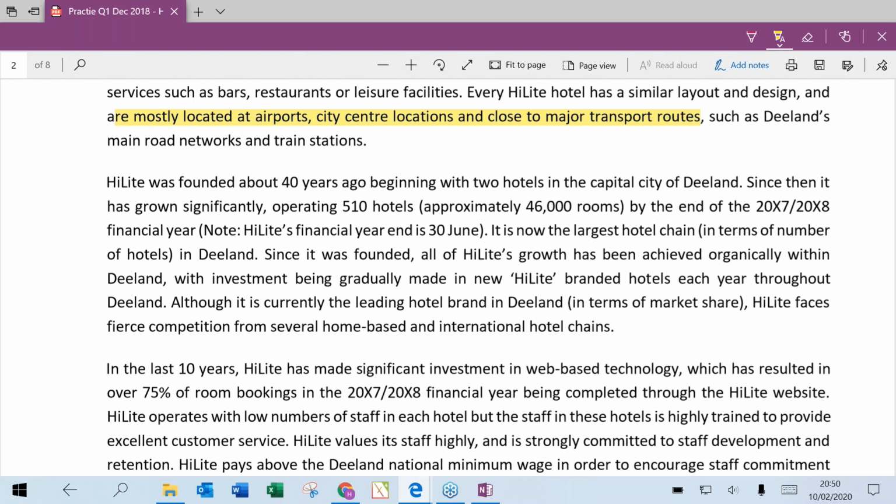Okay, so let me highlight something: 40 years ago. It is now the largest hotel chain in terms of number of hotels in D-Land. Oh my God. Since it was founded, all of Highlight's growth has been achieved organically within D-Land, with investment being gradually made in new Highlight branded hotels each year throughout D-Land.